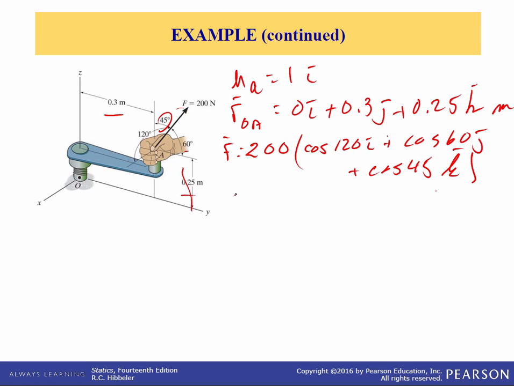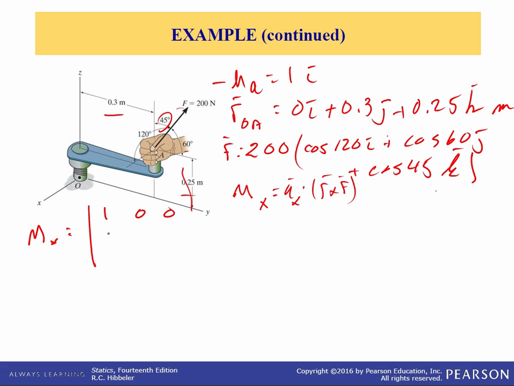We can use the equation, M sub x is equal to u sub x dotted with r cross F. And this is a scalar, M sub x. So let's construct our matrix. M sub x is equal to, now the unit vector is just 1, 0, 0.